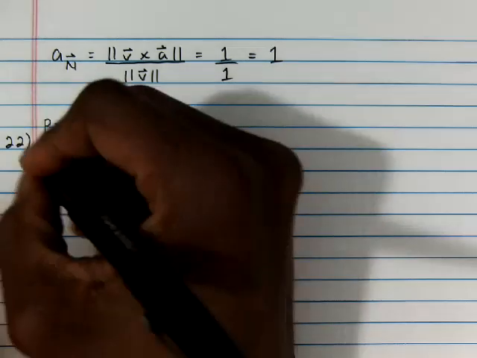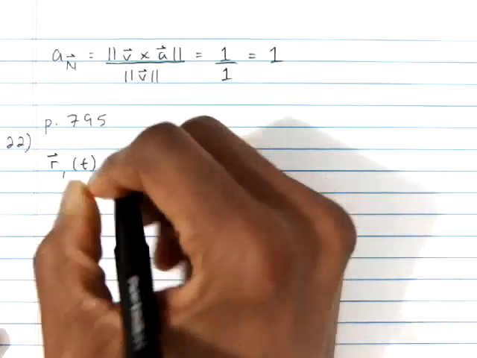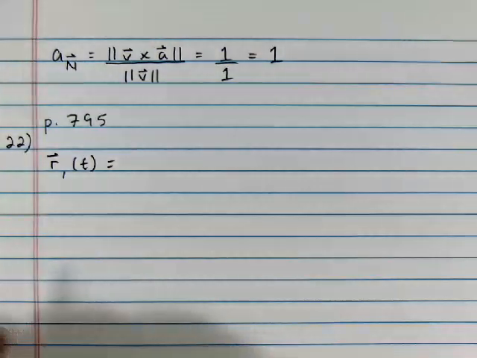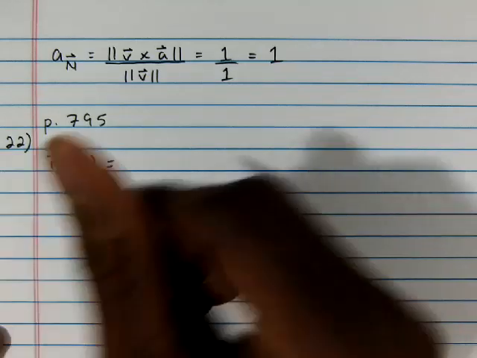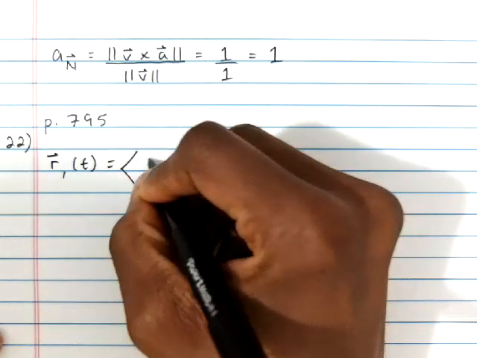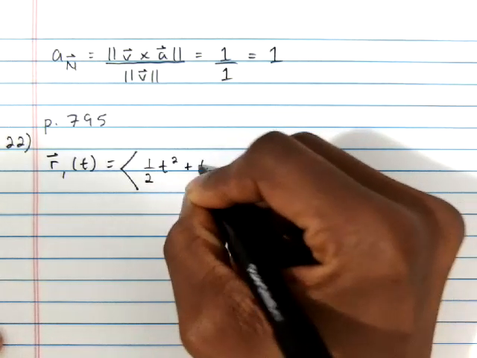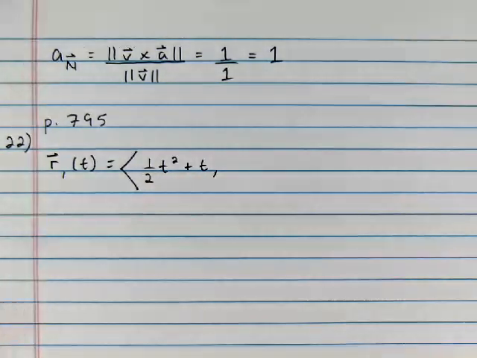All right, so they give us R1 of t is the vector whose first component is 1/2 t squared plus t. Second component is t plus 1.